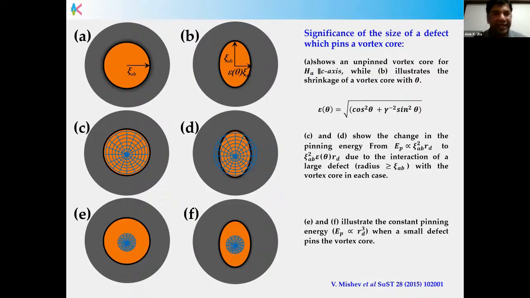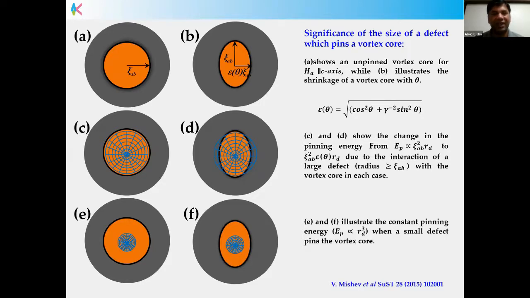We try to understand this according to the size of the artificial pinning centers. So this is the typical vortex cross-section along the C-axis when the field is along the C-axis. When the field is rotated from the C-axis, the vortex cross-section changes. From circular, it becomes elliptical. The blue circular structures are secondary phase inclusions, or the pinning centers.